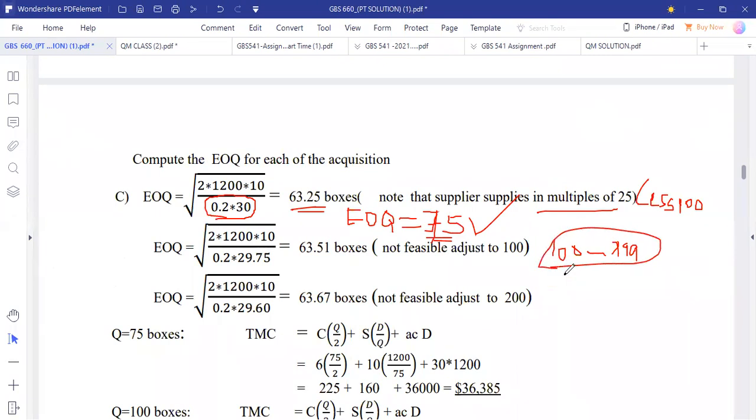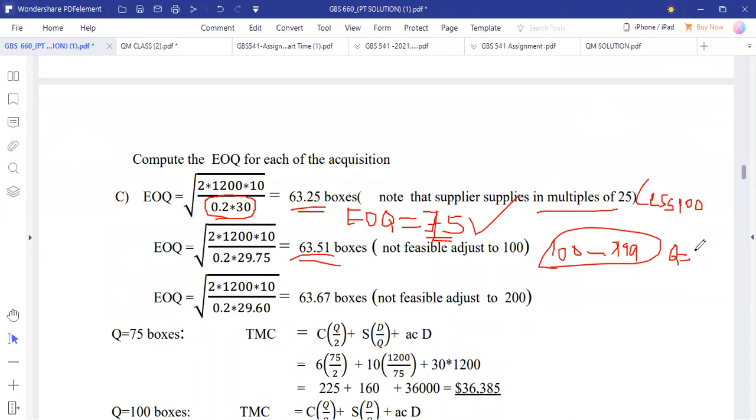What is going to happen there? So we have found the EOQ of 63.51 boxes. Now the 63.51 boxes is not feasible because we should buy in the range of 100 to 199. So our Q we should select in this case should be 100, where the lower bound begins.